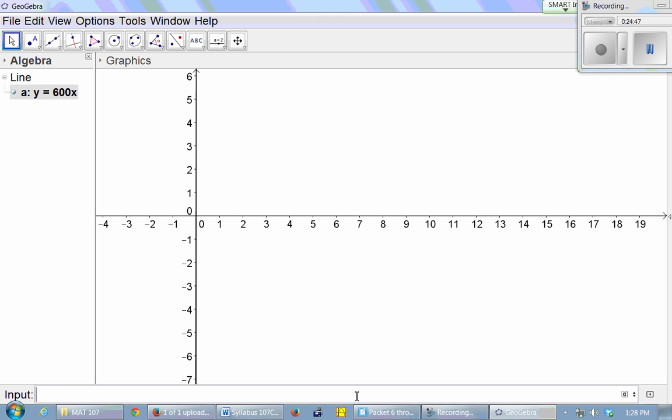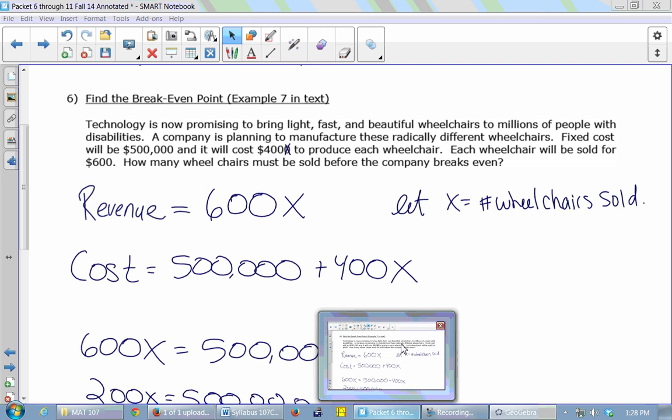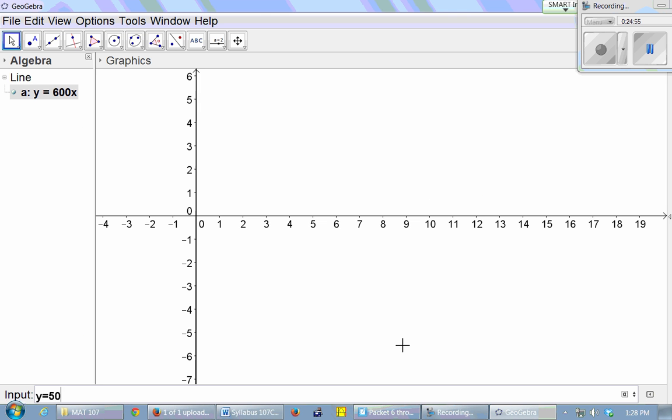You can barely see it, but I'll fix the window after. And then my equation for cost was 500,000 minus 400x. Graph that, can't really see it, so I'm going to have to play with my window here.